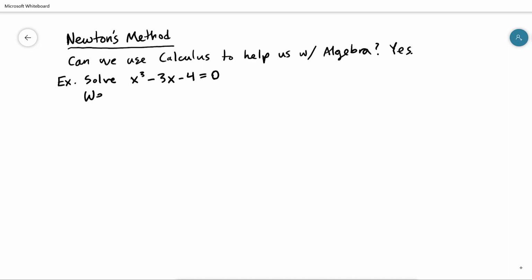So we can use calculus to help solve this using a computational method, meaning we would be using a computer.